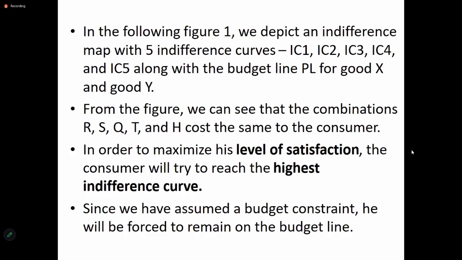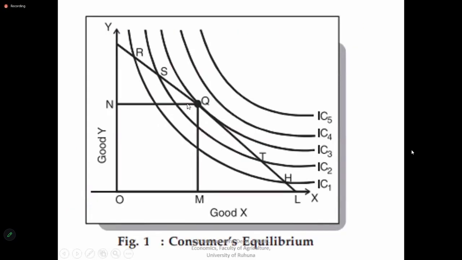Since we assume a budget constraint, he is forced to stay on IC3. Though IC4 and IC5 give more satisfaction, the budgetary constraint doesn't allow him to stay on these curves.